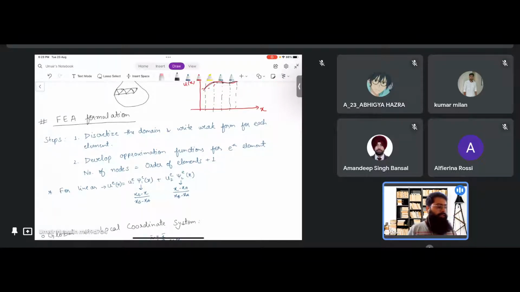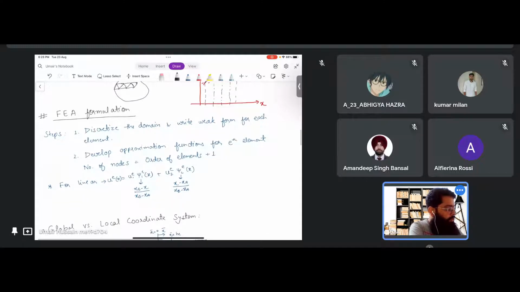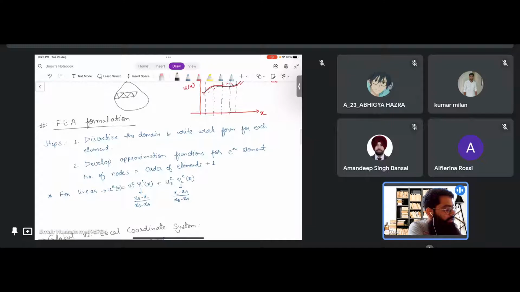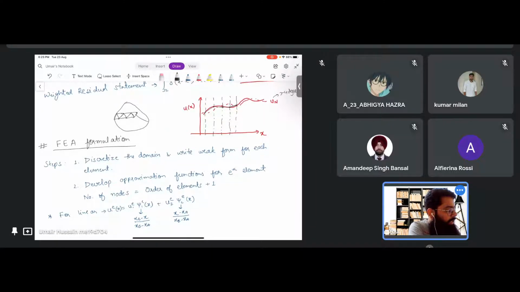Okay, so we'll start with the FEA formulation. Of course, the first step in FEM is the discretization of the domain. So first we discretize the domain, and we get the weak form. Whatever the weak form is, it would hold for the entire domain, right?